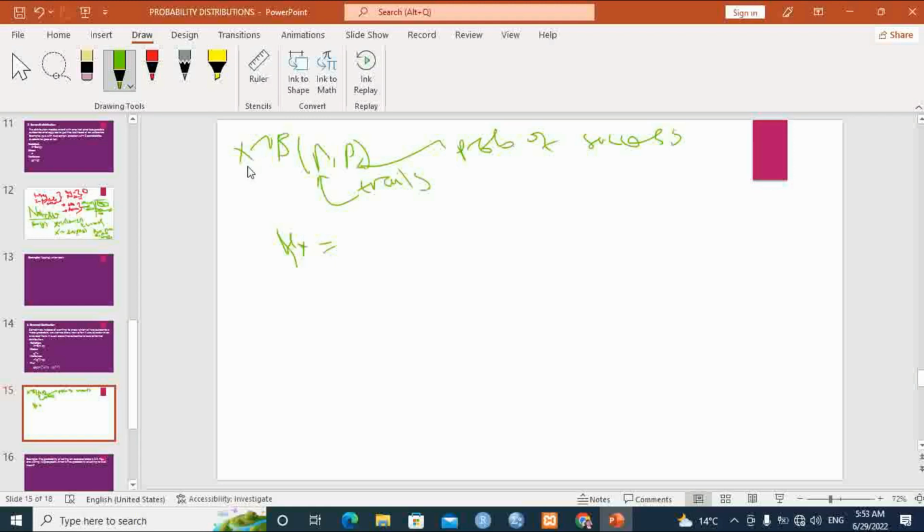So if x follows binomial distribution with n the number of trials and p the probability of success, the mean of x is np. I'm sure we have seen such expected value when we were talking of expected value of x in categorical outcome.